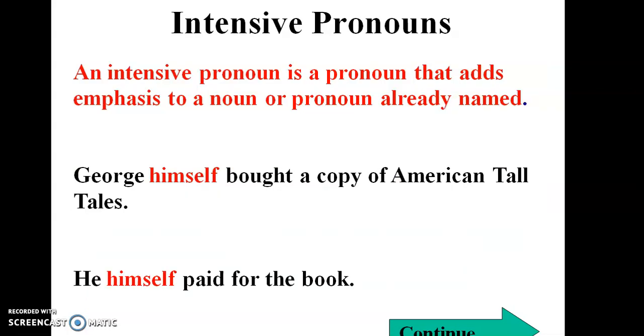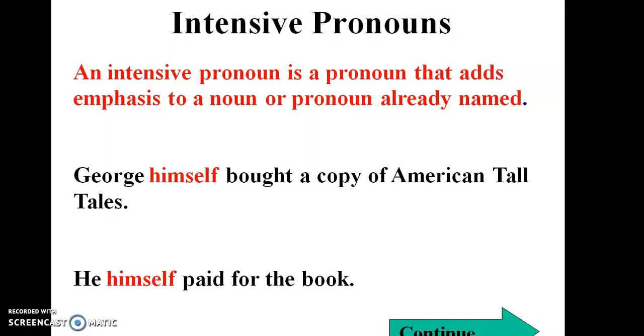Intensive pronouns. An intensive pronoun is a pronoun that adds emphasis to a noun or pronoun already named. For example, George himself bought a copy of American Tall Tales. He himself paid for the book. It's the intensive pronoun. An intensive pronoun adds emphasis to a noun or pronoun already named.